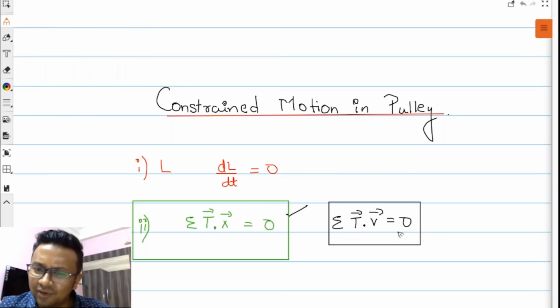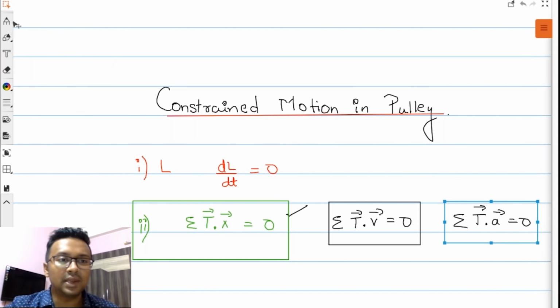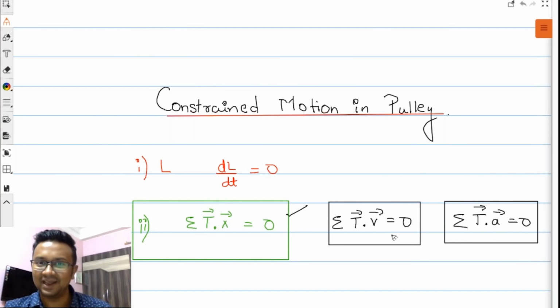Next, you differentiate this once more with respect to time. What will you get? Summation of T dot A is equal to 0, my dear students. So in a way, I have got my life sorted out once I try using this.